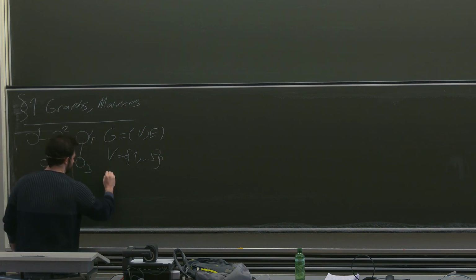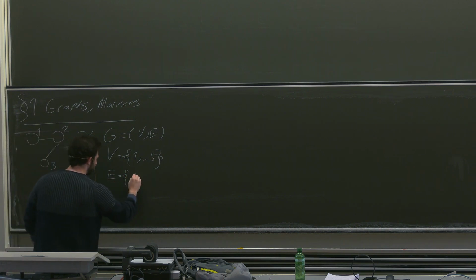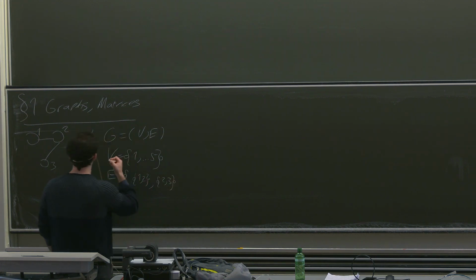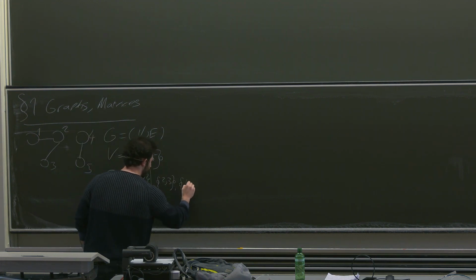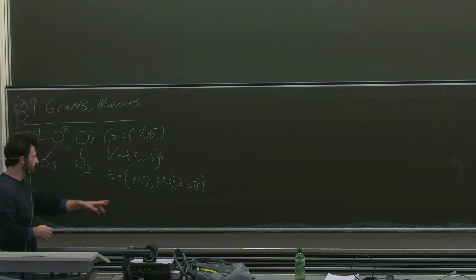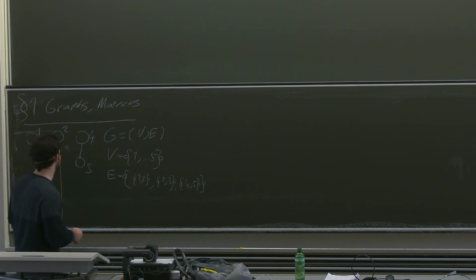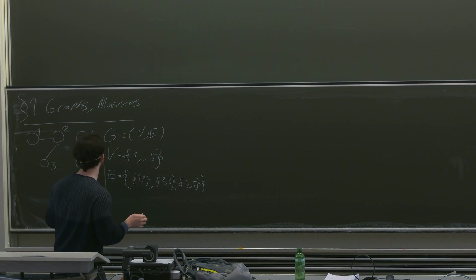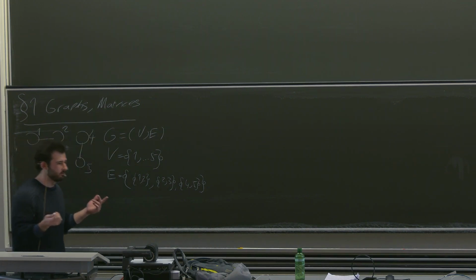And the edges will look like: there's an edge between 1 and 2, there's an edge between 2 and 3, and there's an edge between 4 and 5. So this will be the set of vertices and the set of edges, and the reason I use the set notation here is that for the purposes of this talk, we're only going to focus on undirected graphs, so the edges here will not have any direction.